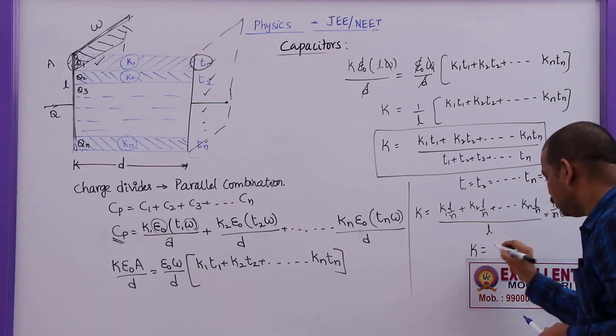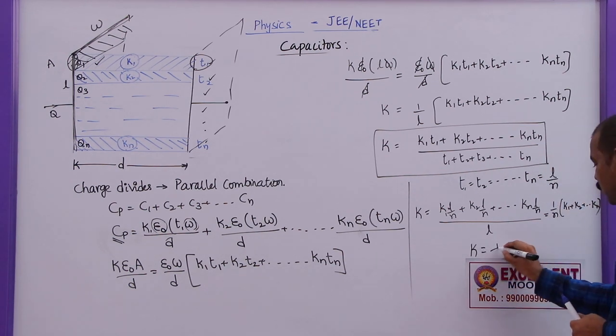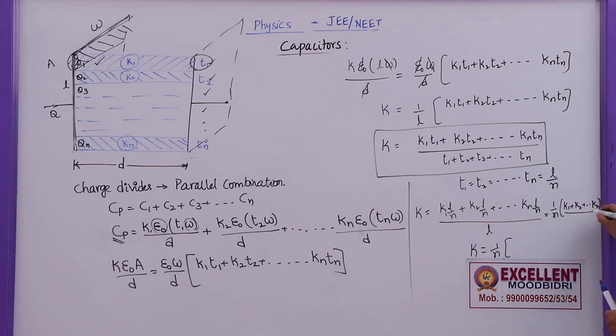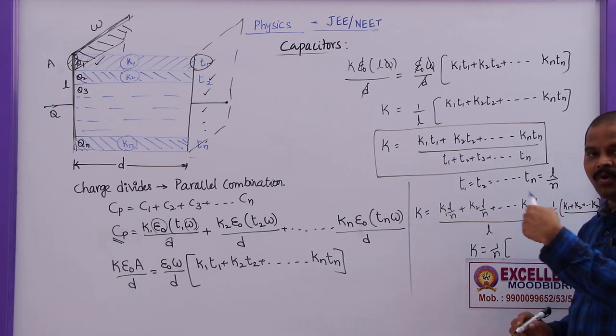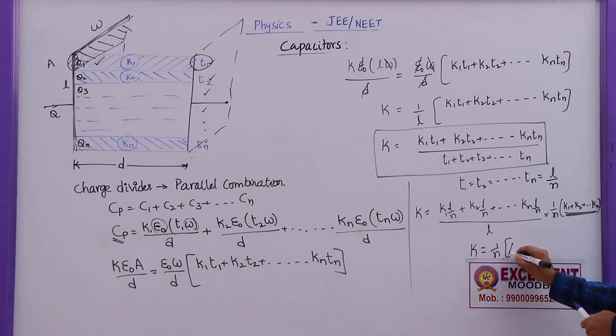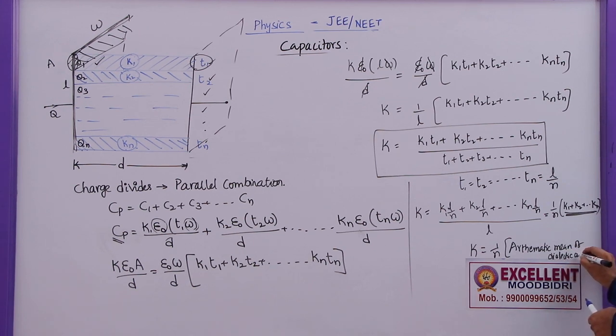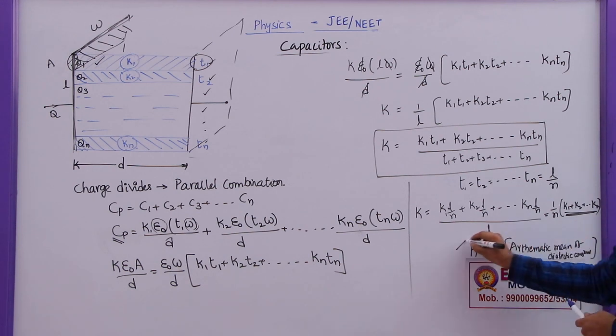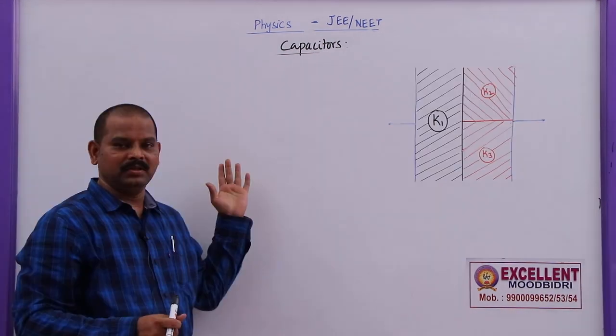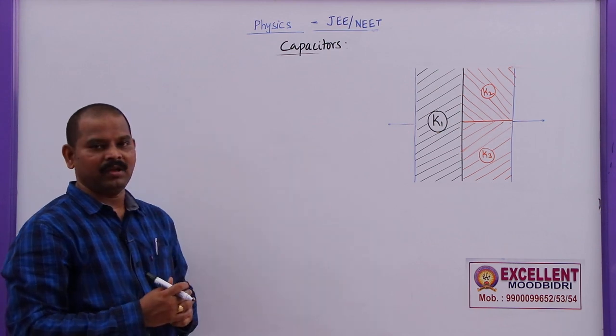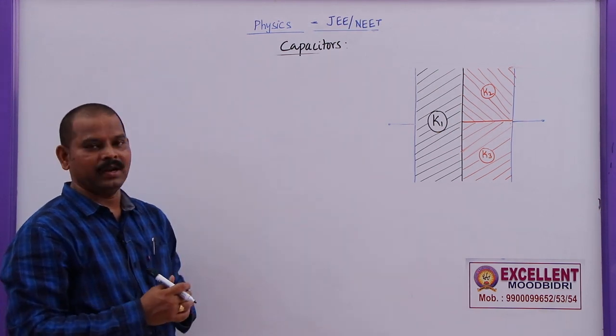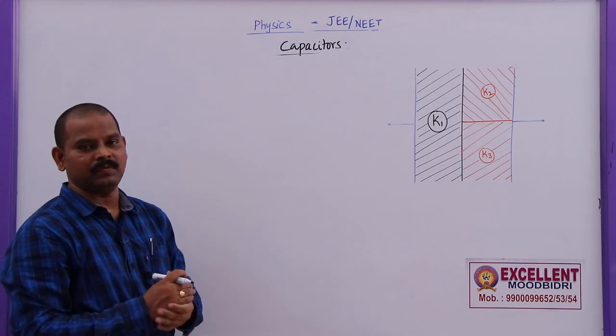So, the effective dielectric constant is given by 1 by N times the sum, which is an arithmetic mean of the dielectric constants. In the previous case, we got a harmonic mean, now this is an arithmetic mean of dielectric constants based on series and parallel combination, as well as inserting different dielectric media between two plates of a parallel plate capacitor.